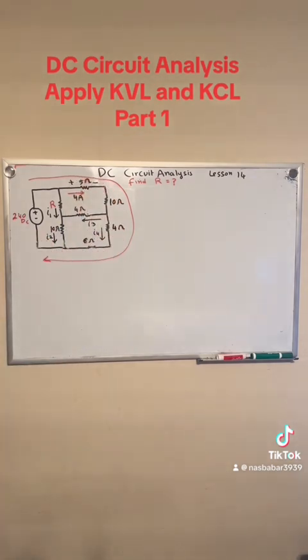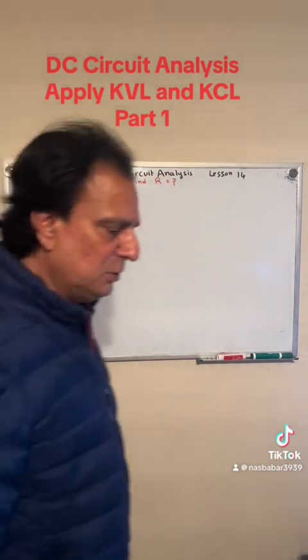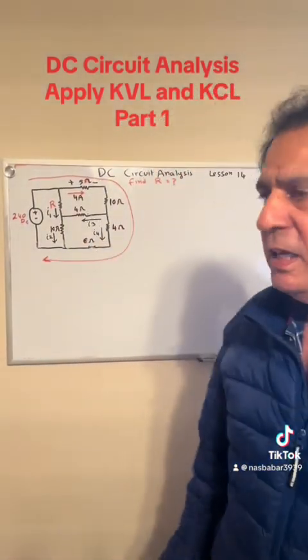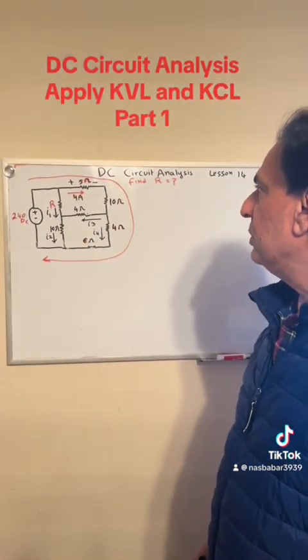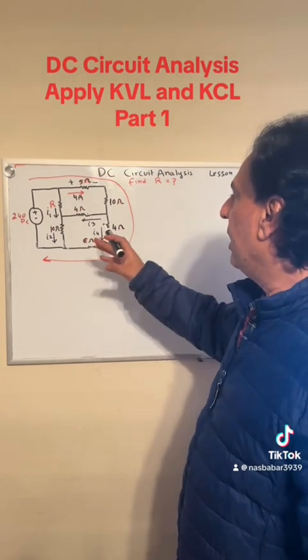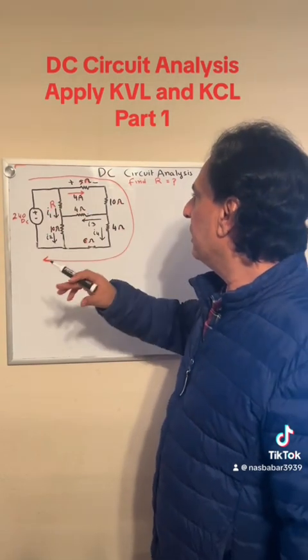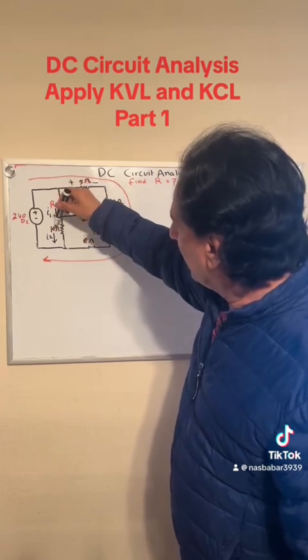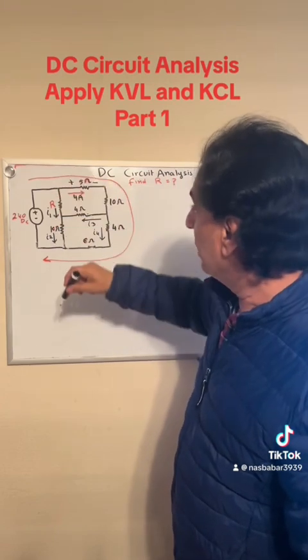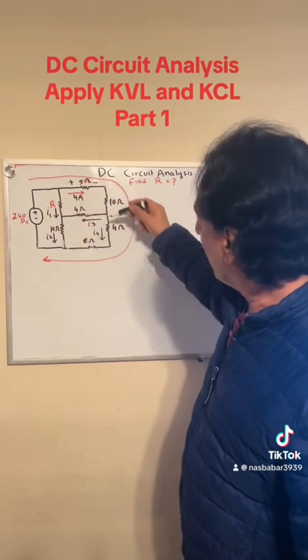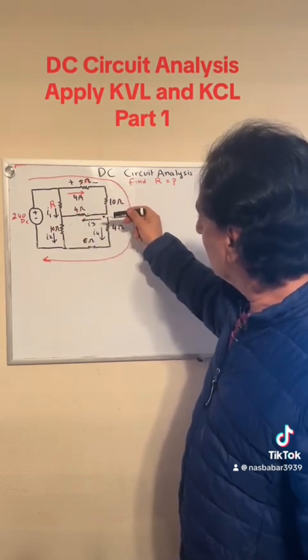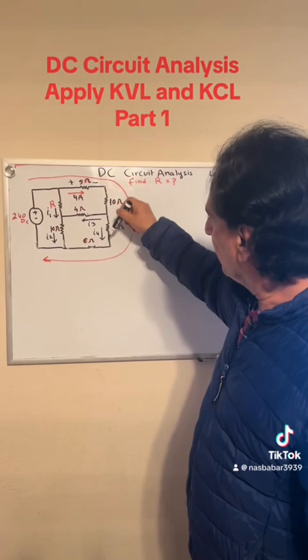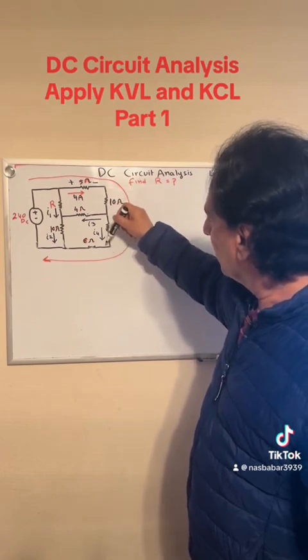So let's look at it for a minute and see where I can apply KVL to find this unknown R. We have I1 going down this way, I2 going down this way, which is also unknown, I3 going in this direction, and I4 going down through the 4 ohm resistor.